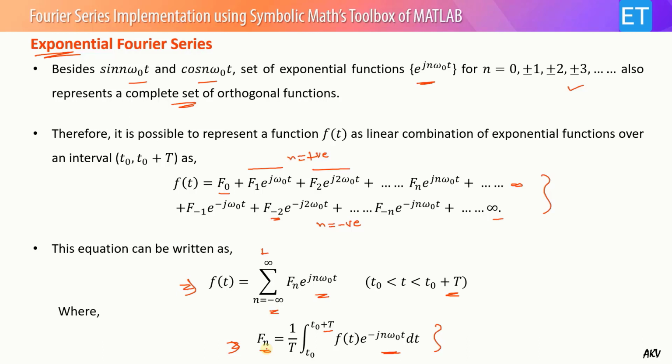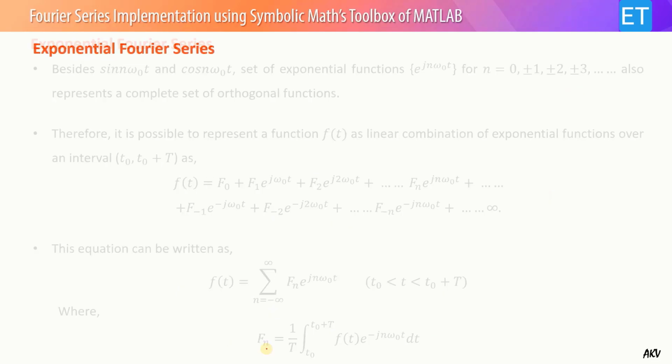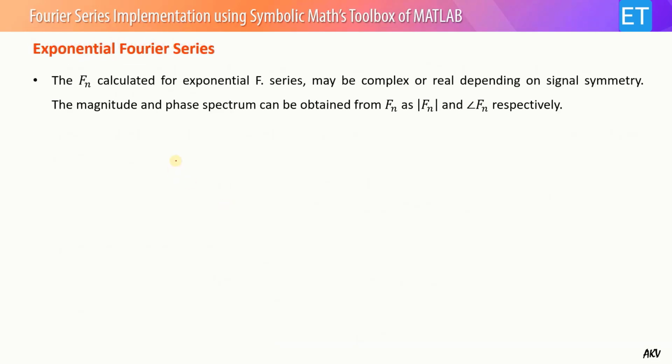And now let us see what this fn is, and what information we can derive from fn. This fn, which is just calculated, may be complex valued or real valued. It depends on the signal symmetry and the shape. You can find the magnitude as well as the phase spectrum from this fn just by a simple mathematical operation.